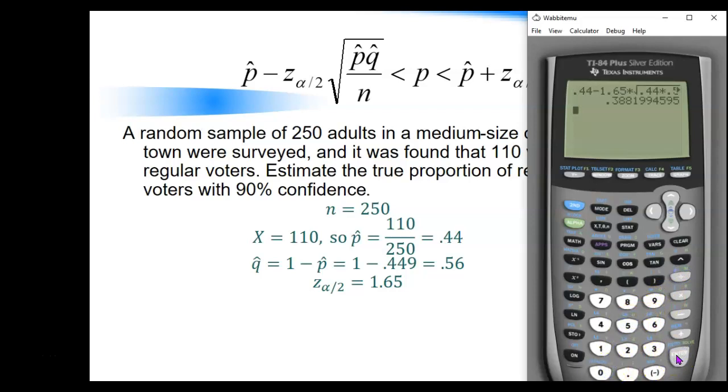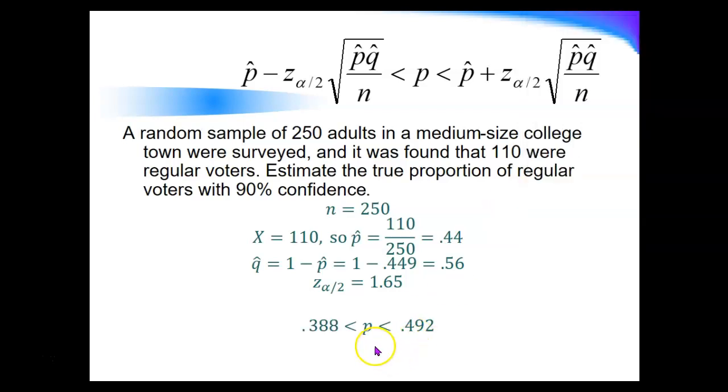So that's about 0.388. And then the same thing, but if I go back and change the minus to a plus, it's 0.492 rounded. So I can say p is somewhere between 0.388 and 0.492. I don't know that absolutely for sure, but I'm 90% confident about that.